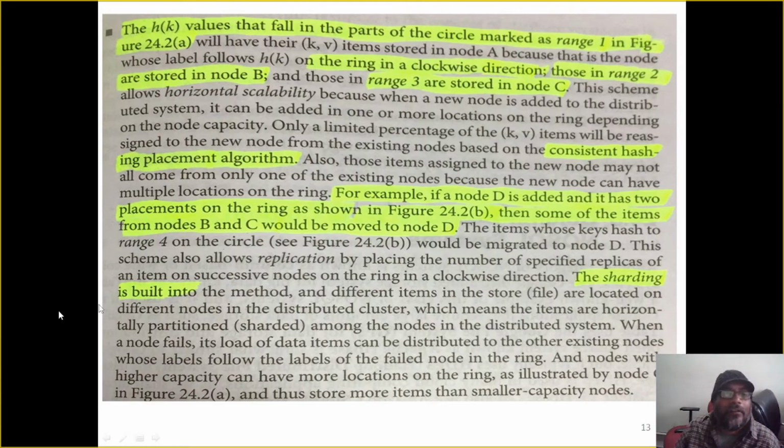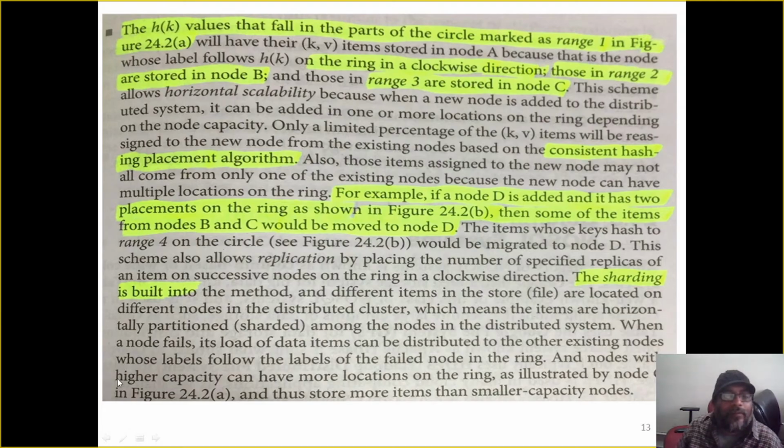The sharding is built into the method, and different items in the stored file are located on different nodes in the distributed cluster, which means the items are horizontally partitioned or sharded or distributed among the nodes in the distributed system. In this way, we have a very large volume of data, and the process of distribution has to be made. So this is the method how we can go ahead.